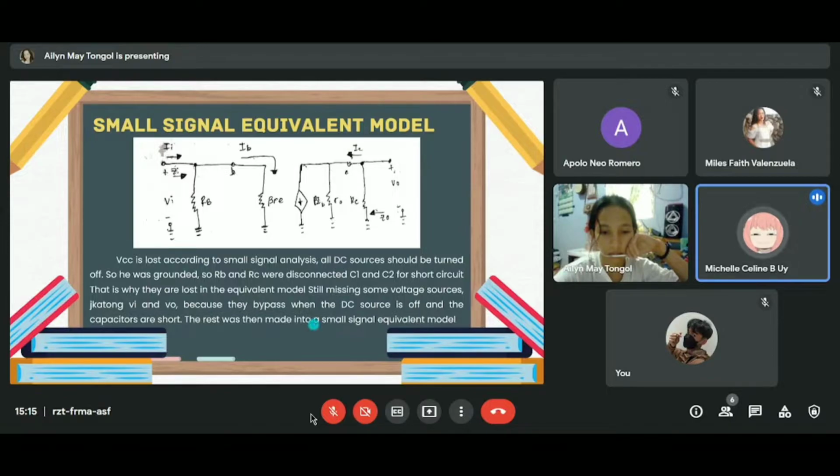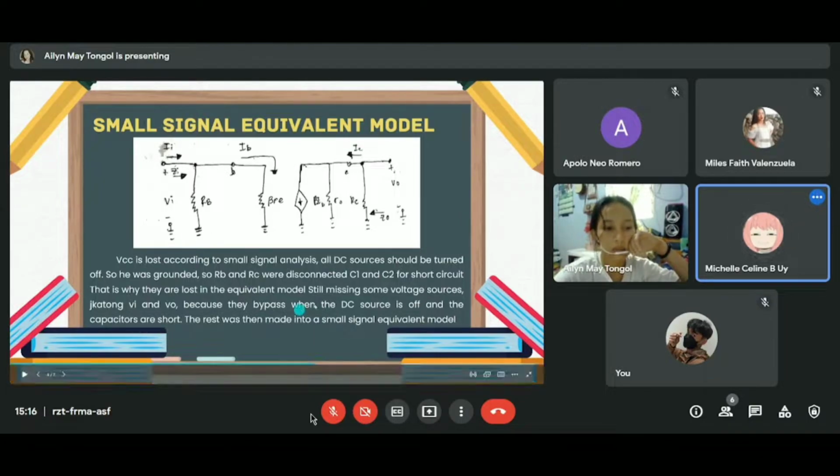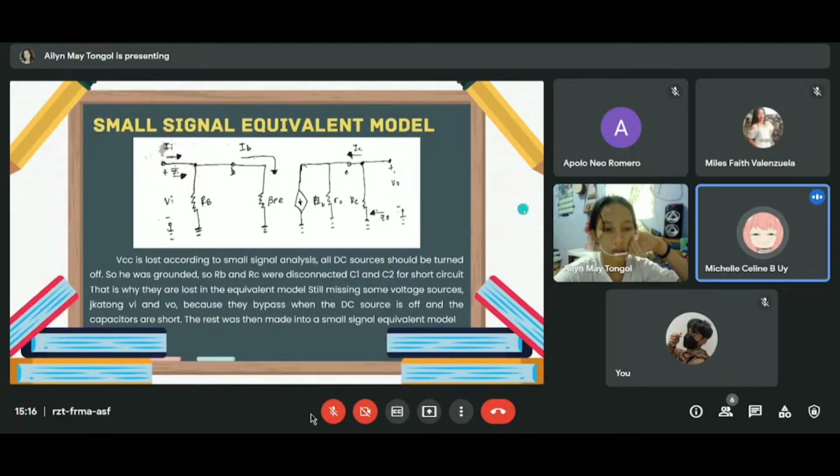Not only C1 and C2, but also some few other voltage sources like Vi and Vo, because they are bypassed when the DC source was turned off and the capacitors were shortened, and the rest was then made into a small signal equivalent model. Next was Miles Valenzuela.